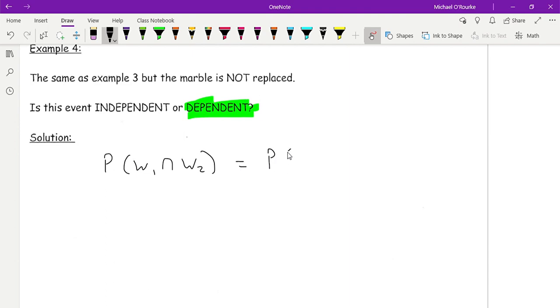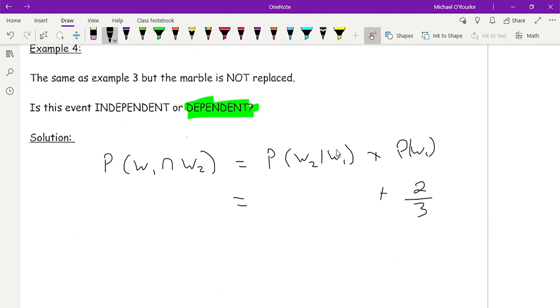So the probability of W2 given W1 times the probability of W1. So what's the probability to draw that first white one? 2 out of 3. Good.